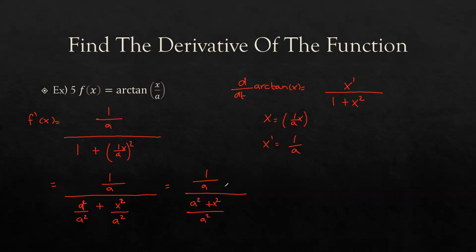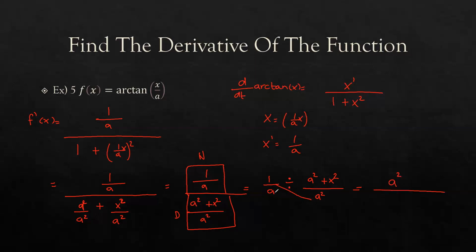So now what do we have? We have a complex fraction. This is your numerator, this is your denominator. If you want, let's rewrite this complex fraction as 1 over a, then this sign means divide, a squared plus x squared over a squared. And when you divide fractions, you cross multiply. So 1 times a squared is a squared, so that will be on the top.